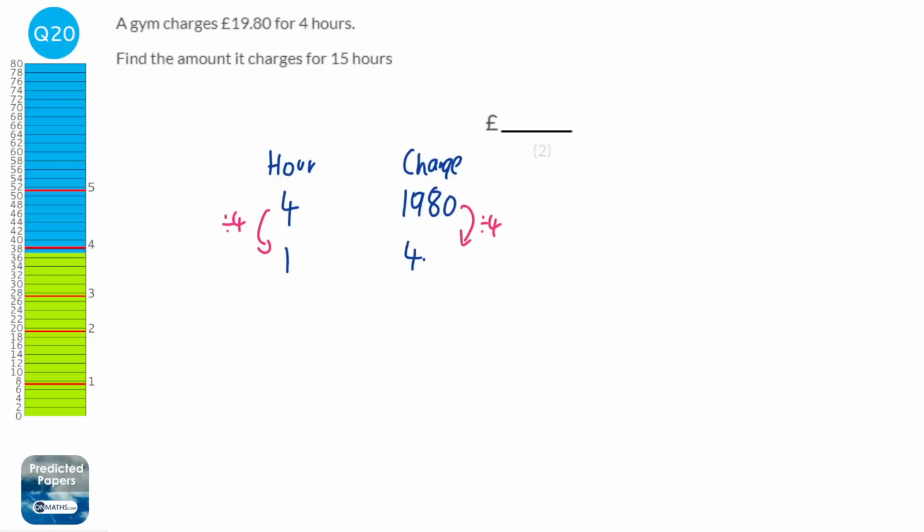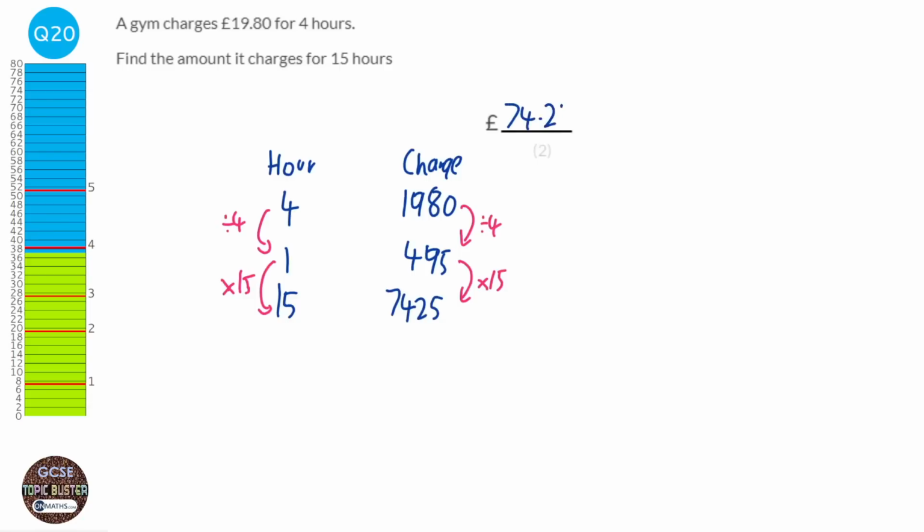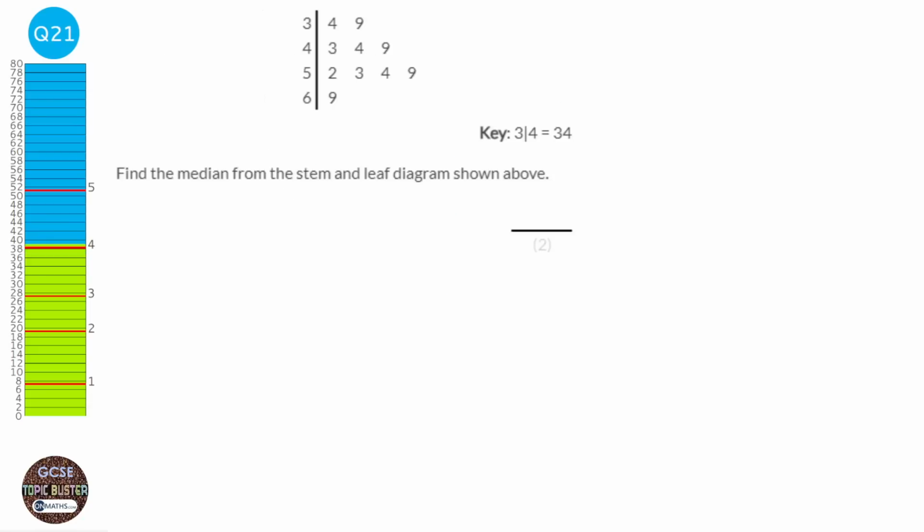So that would be 495. Then all I need to do now is times it by 15. Because 1 times 15 is 15. And so we've got 15 hours. And when I times that by 15, I get 7425. So it'd be £74.25.